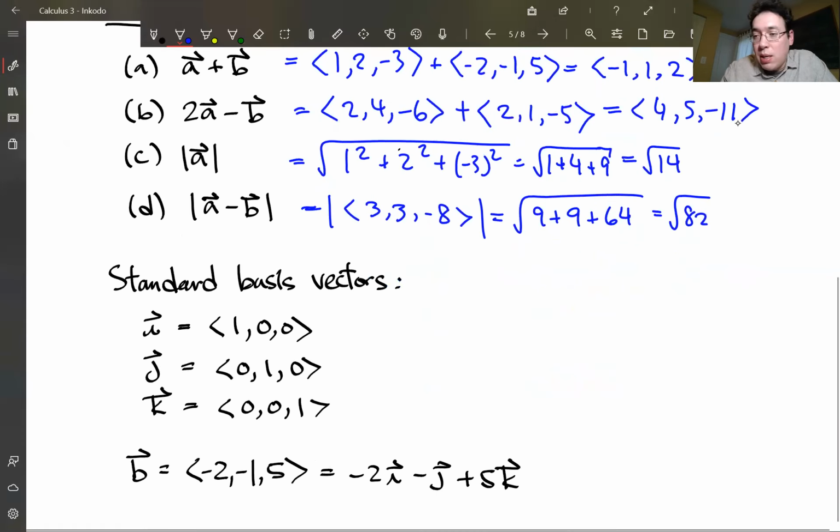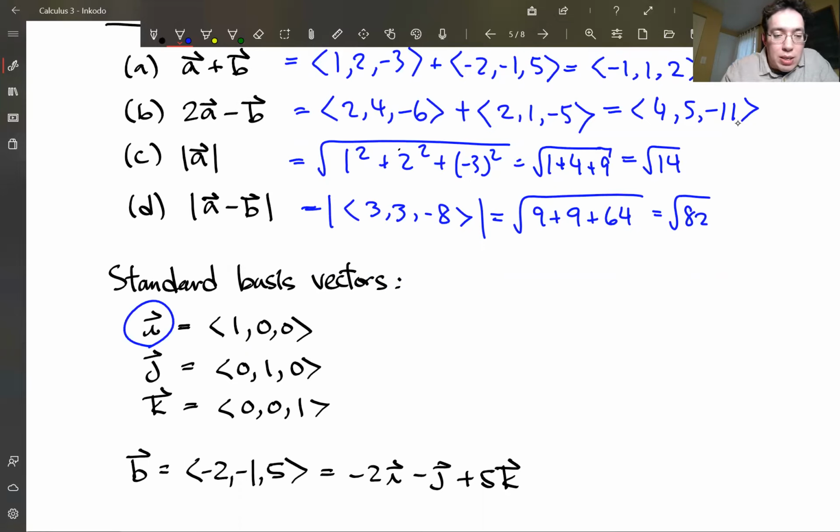Another common notation that we use is the standard basis vectors. So we use the vector version of the letter i for the vector of length 1 pointing in the positive x direction.